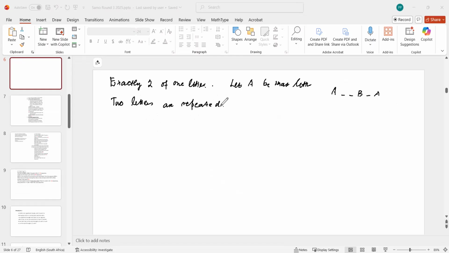Now, suppose the letters A and B are the two letters that are repeated.